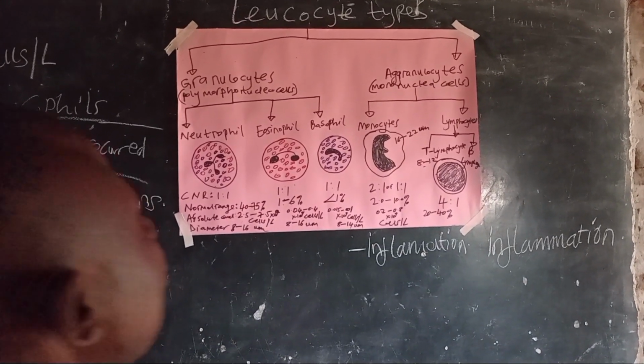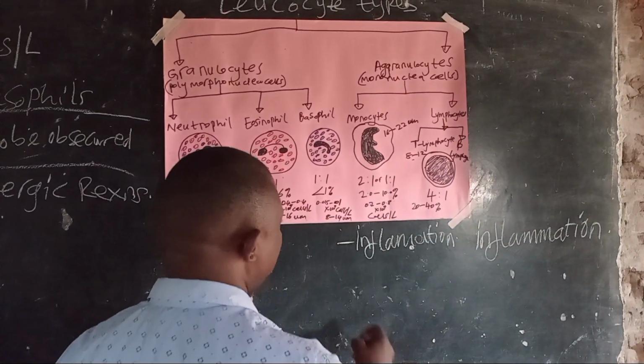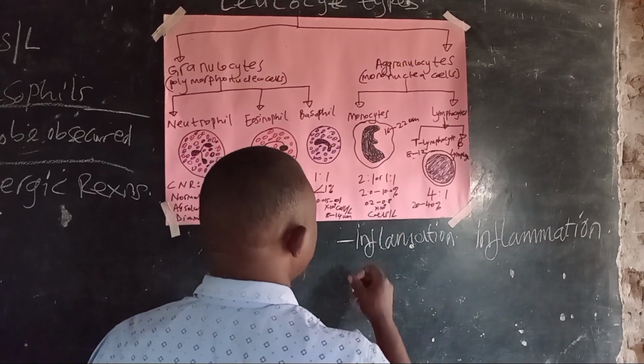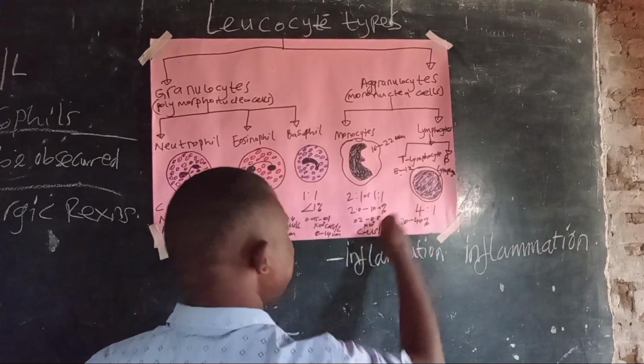So in inflammation, we'll lead this one and this one to rise. Chronic, majorly chronic infections, lead to the rise of the monocytes and the lymphocytes.